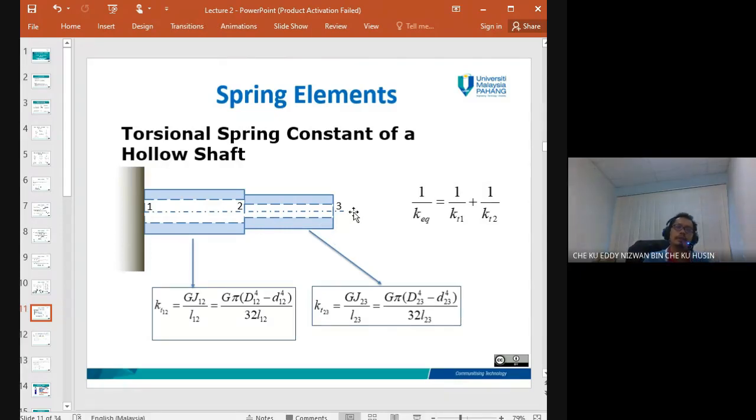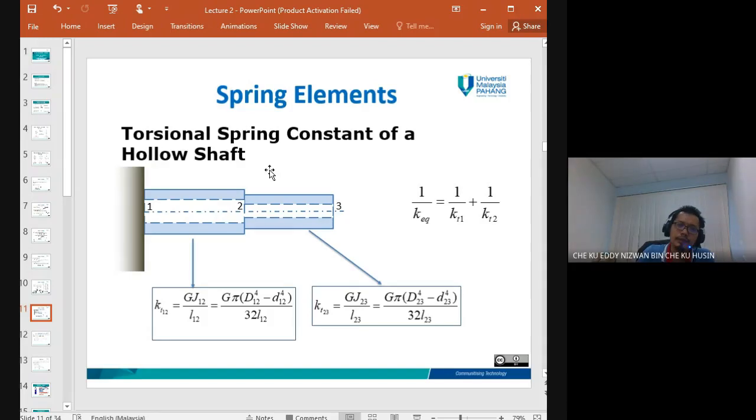The first shaft doesn't directly contact the mass, so we consider it as a series arrangement. So 1 over K equivalent is equal to 1 over KT1 plus 1 over KT2. This is how we determine the stiffness for the torsional.